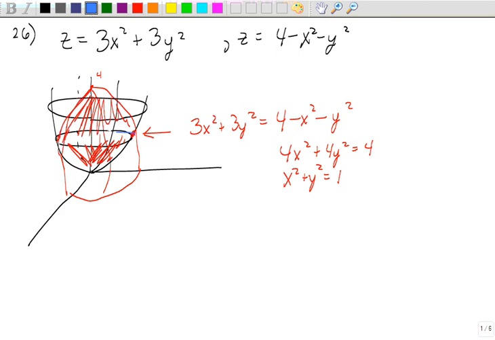Okay, so that's this right here where they intersect. And all the other ones are smaller. So I know that's true.